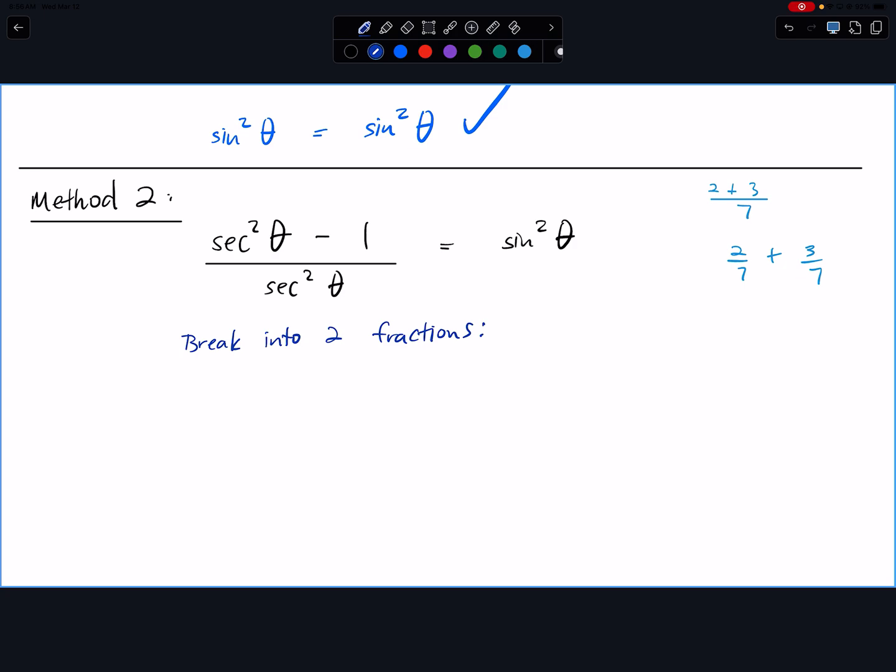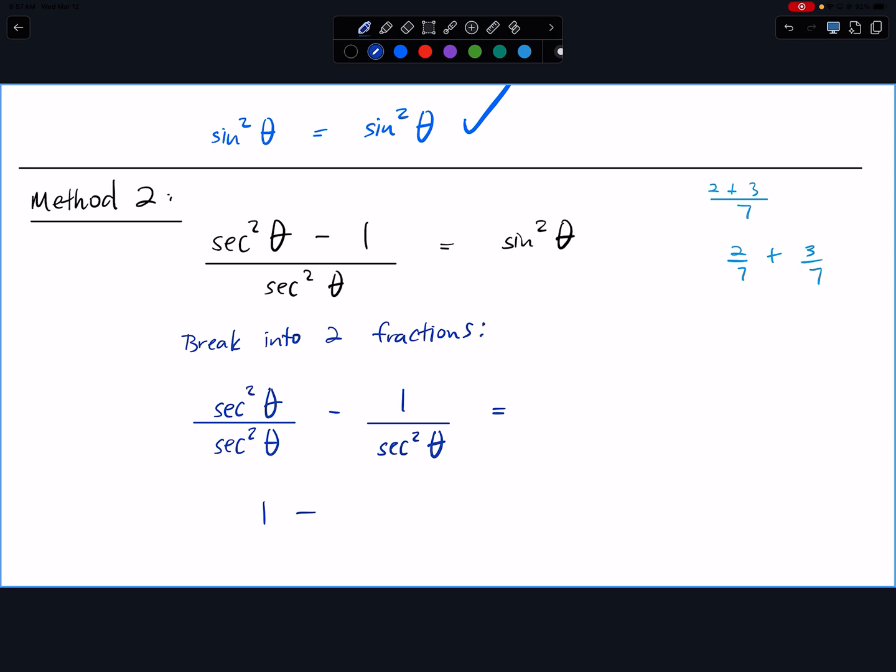But if you guys break this up, what would the first fraction be? Secant squared theta over secant squared theta, minus 1 over secant squared theta. What is this? 1 minus, what is that?